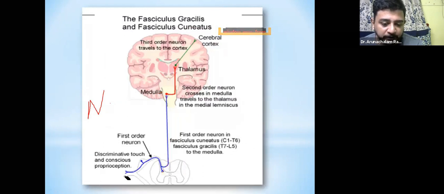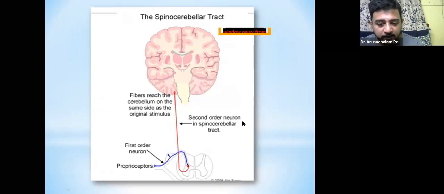Here the first order neuron is from the receptors up to the brainstem, and from the medulla the second order neuron starts and goes to the thalamus, and the third order neuron from the thalamus to the cerebral cortex. Got it?